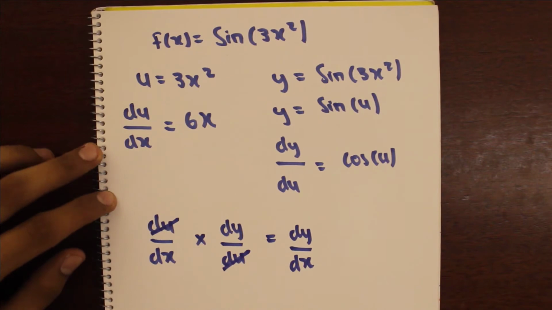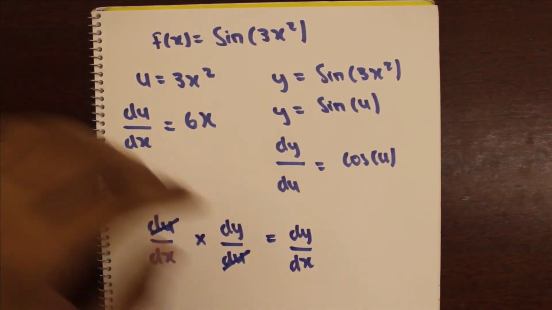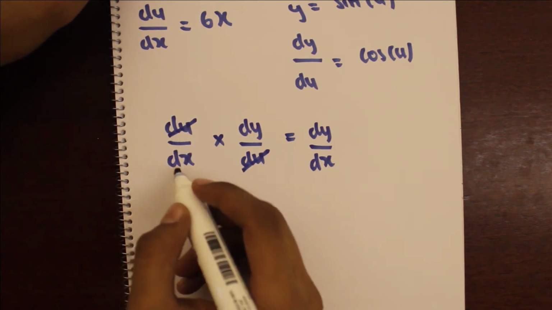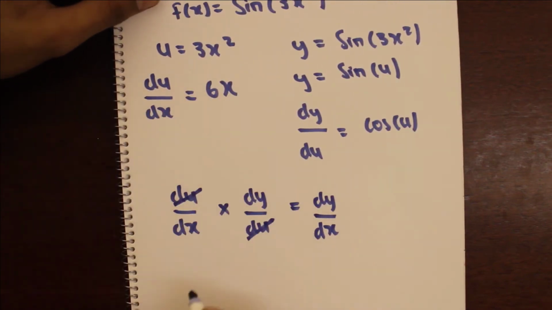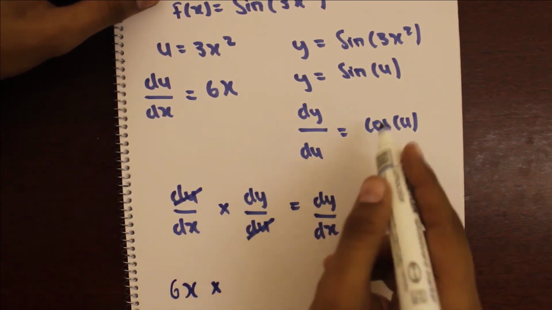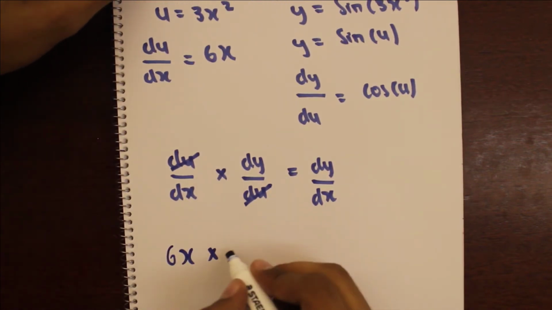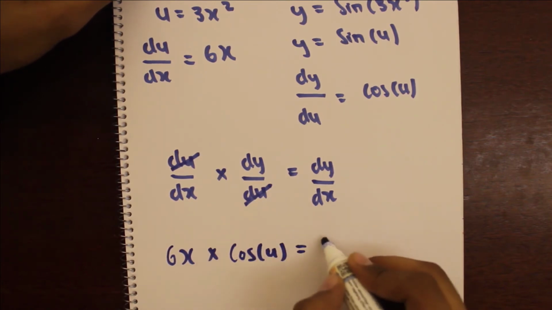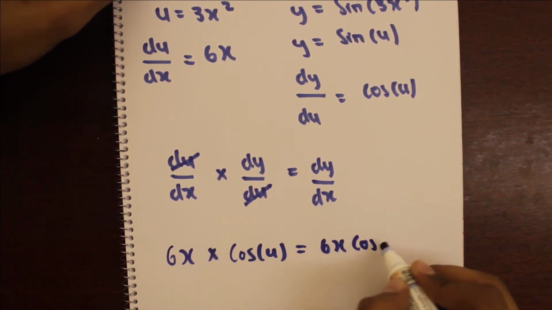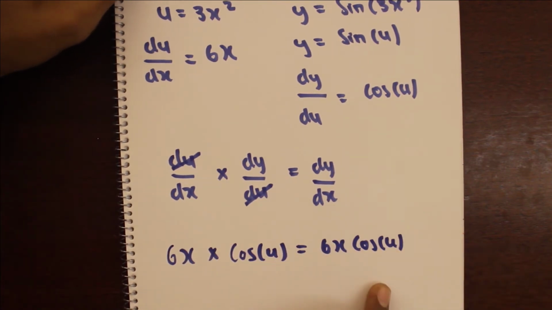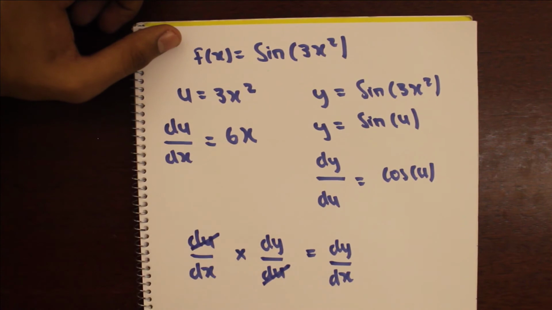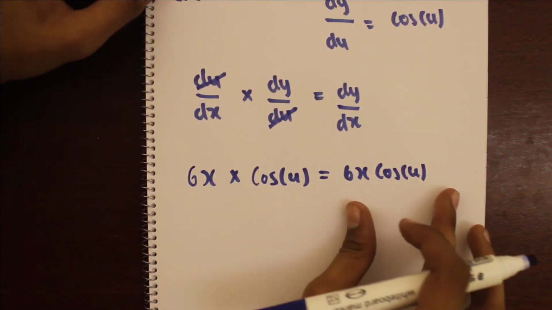So now we have established that you have to multiply these two derivatives. We'll multiply du dx, which is 6x, by dy du, which is cos u. This will give us 6x cos u, but we know that u is equal to 3x squared, so we must substitute u back into the final answer.